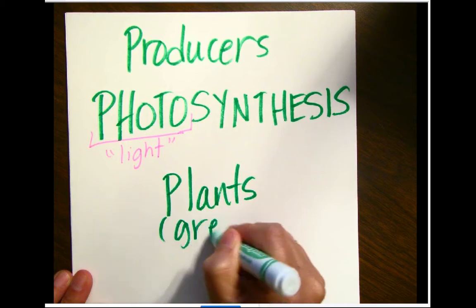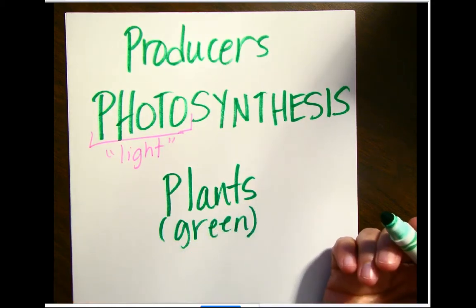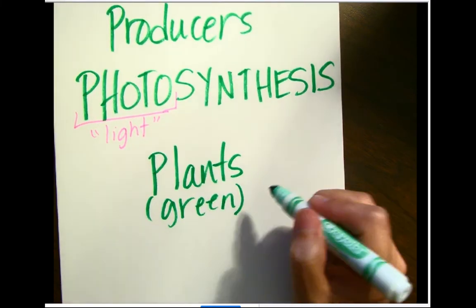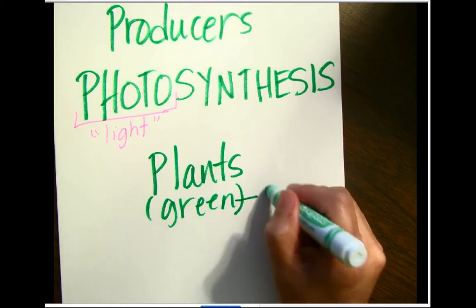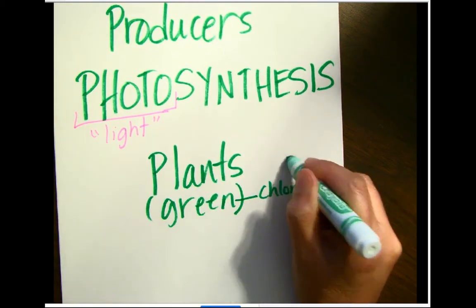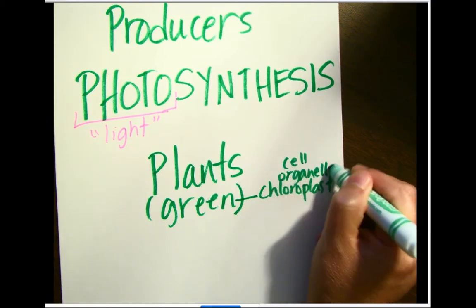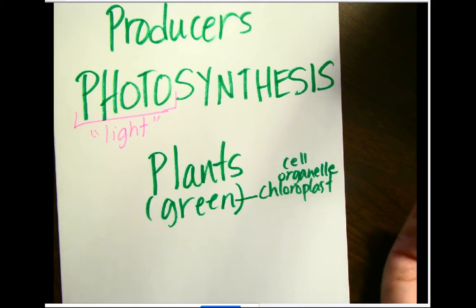and they're green. If you guys remember from our cell organelles, plant cells have the organelle called chloroplast. It's a cell organelle. So this is one of the many parts of plant cells.